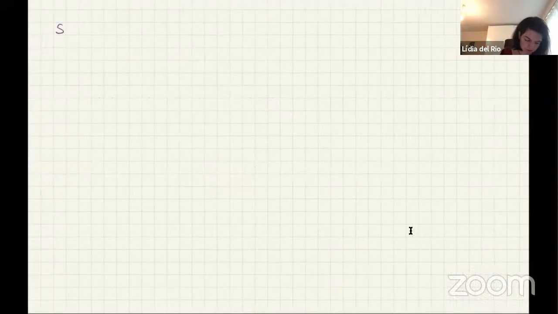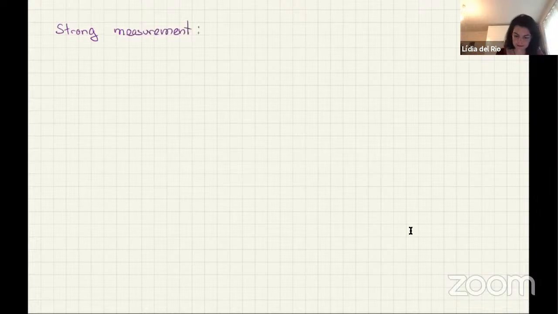So if we have a strong measurement, what does this mean? This means that we have this kind of peaks, like the pointer is really separated, right? So this would be your wave function of K, and this would be the K prime of X, right?